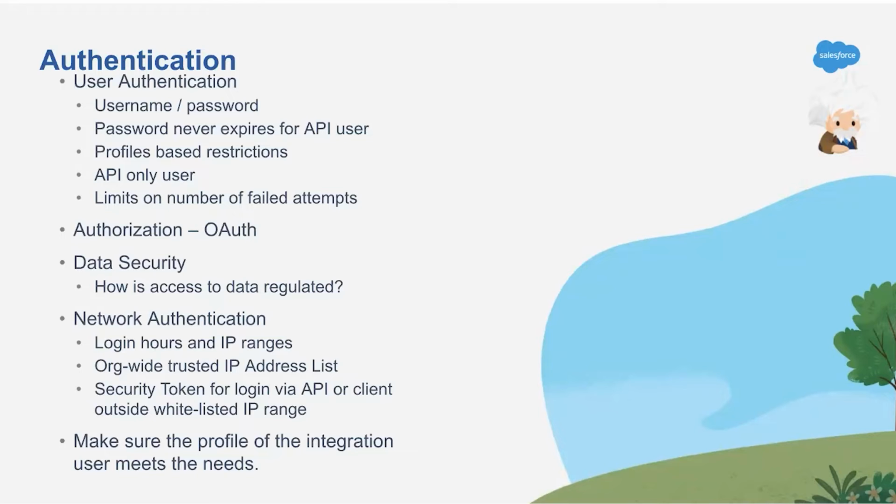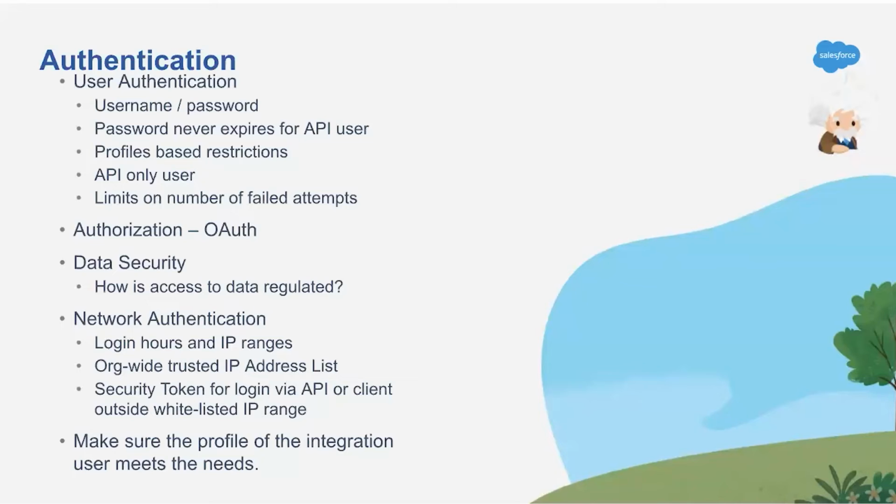It is only through API they can connect. Then we have to apply certain profile restrictions on the access levels, on what objects they can access and what not, so that they don't access any and everything in the Salesforce ecosystem. Then we have certain limits on the number of failed attempts. So we need to make sure that password policies never expire for these API users.